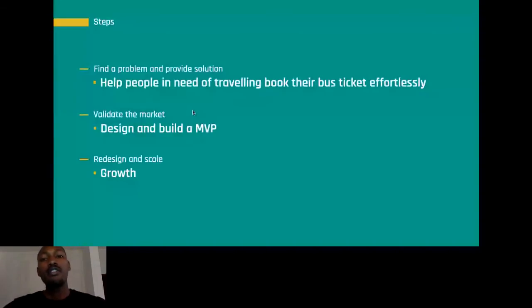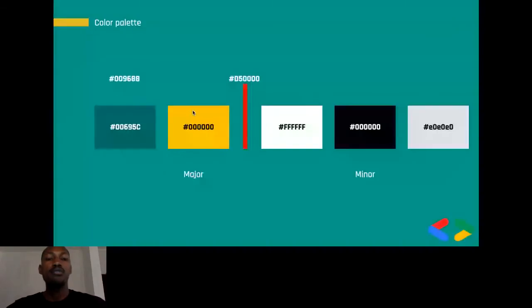So in this process of trying to build a solution to the community, the first step that I took was to choose the color palettes for my app. These are the colors that I use for branding in the Billetera app.